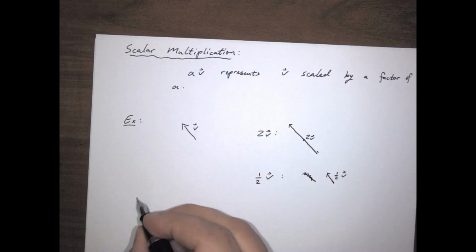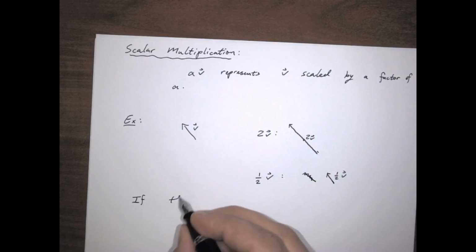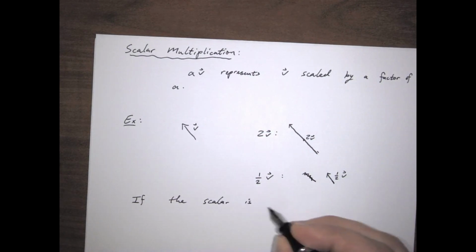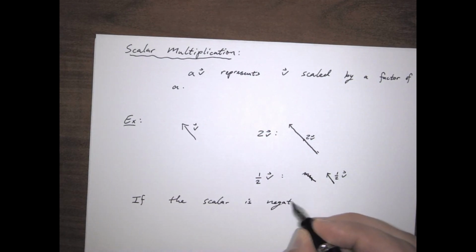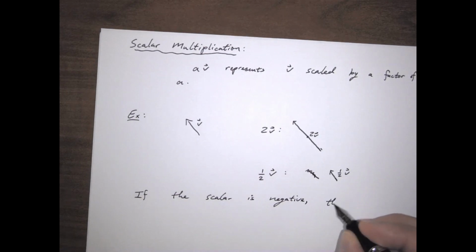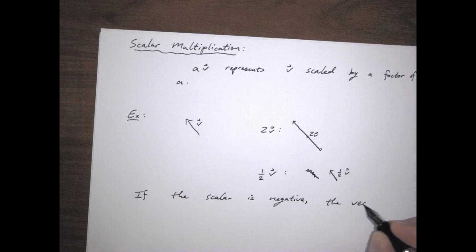Now, if the scalar is negative, the vector's direction is reversed.